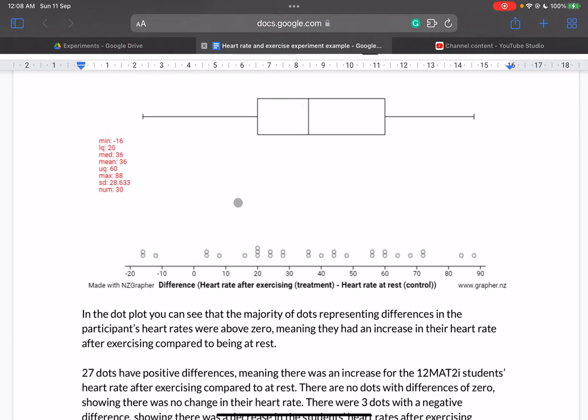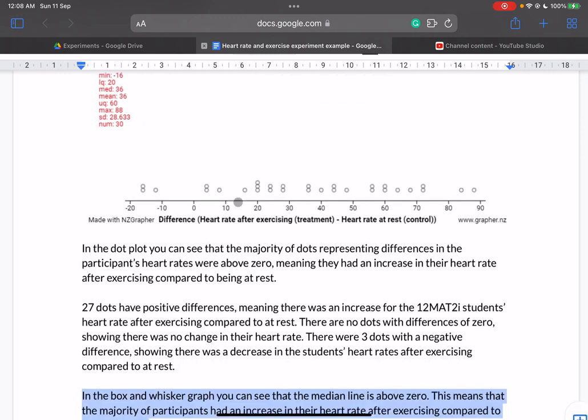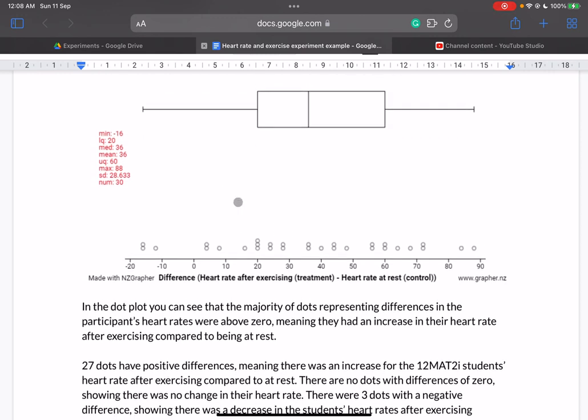But to give an idea of what proportion of participants are above or below 0, you want to look for the statistics that are closest to 0. So in this case, your lower quartile is above 0 and your minimum is below 0.